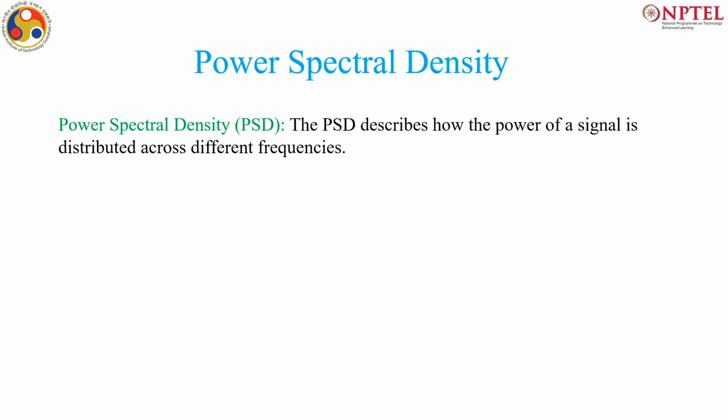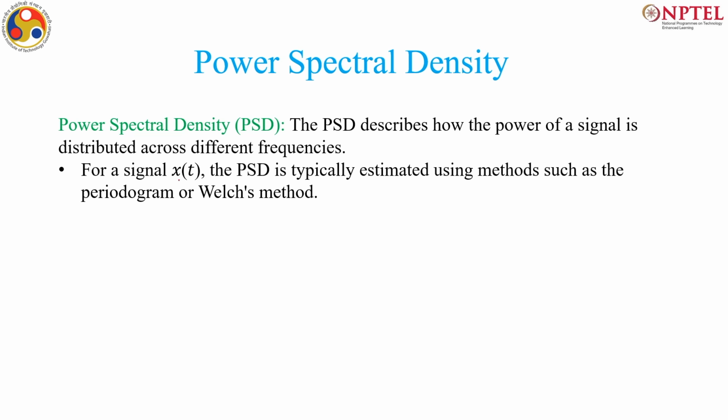Power spectral density describes how the power of the signal is distributed across the different frequencies. If you have a signal x of t, the PSD is usually estimated using different methods, like the periodogram or the Welch method. We already discussed the FFT based PSD estimation.